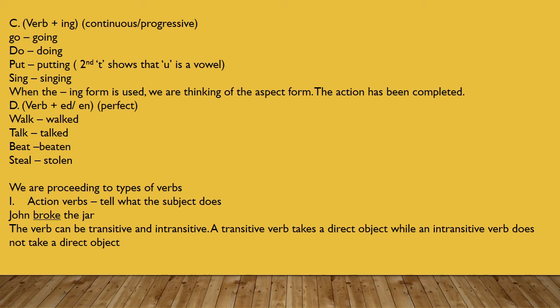We have do, a verb plus ing, giving us doing, the progressive form of do. We have put, which will give us putting. Second T shows that U is a vowel.